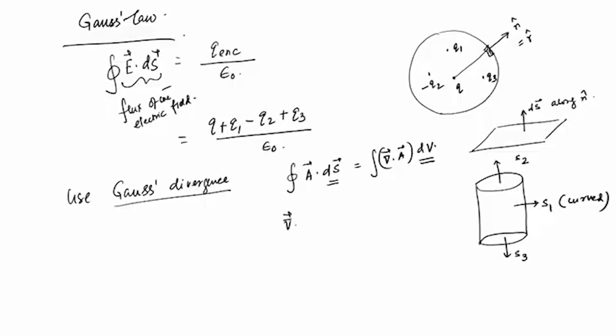Divergence is how a vector diverges, whether it has any divergence or it does not diverge at all. So, that is given by the divergence. If you take the divergence of an arbitrary vector r, which is monotonically going away from the origin, it is x i cap plus y j cap plus z k cap. This is equal to 3 because it diverges equally in all the x, y, z directions.